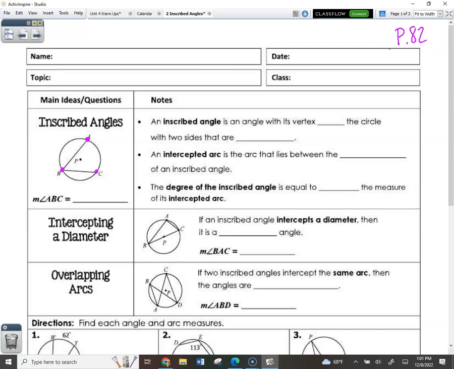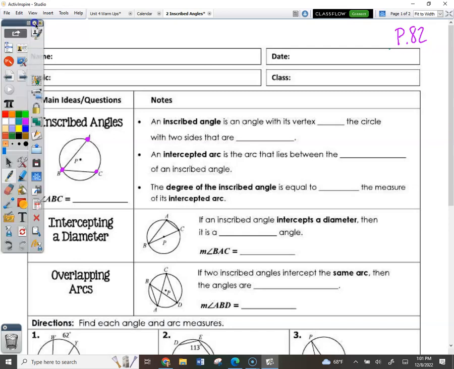If you were to trace your eyes around this circle, you're going to pass through point A, point B, point C. That means it's inscribed. Not central, inscribed. With me? Look at the difference in a central angle. Don't write this. Central would be right there. Yes? Okay. So there's the difference.